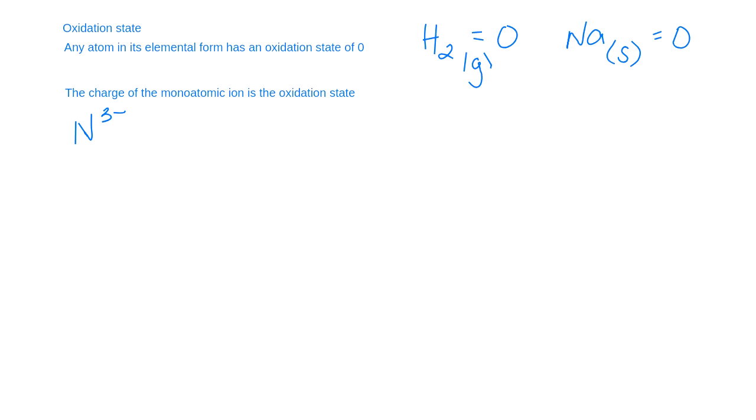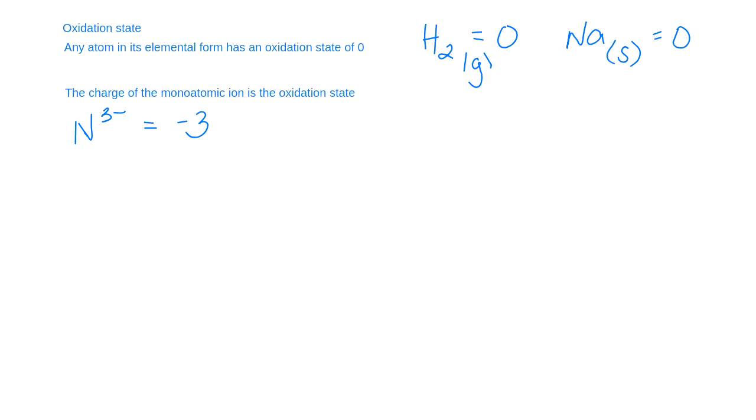Its charge is 3 negative, which means that its oxidation state is -3. Usually the way that we write the charge of an ion, the negative comes after the number. For an oxidation state, the negative comes before the number. If you write it either way, I won't mark it as incorrect, but I just want you to be familiar with what it looks like.